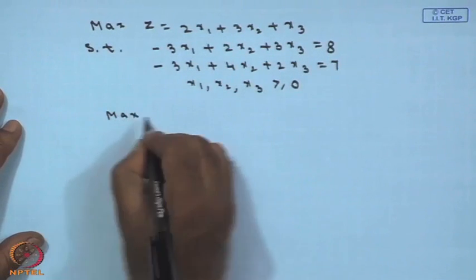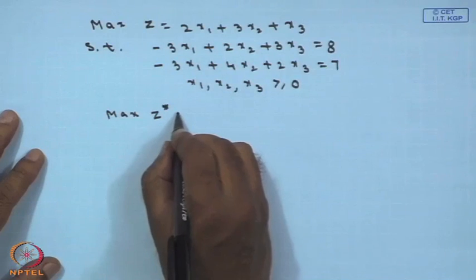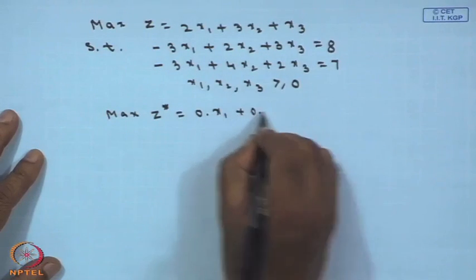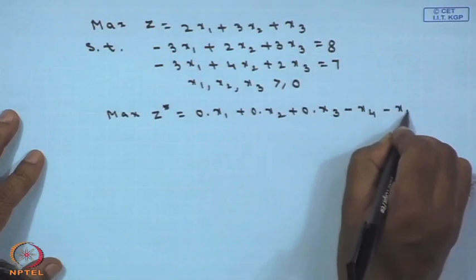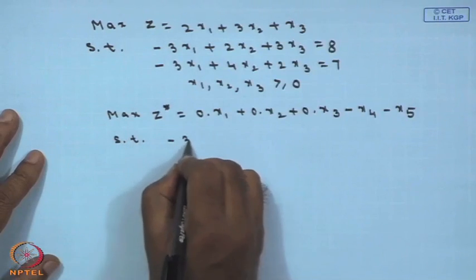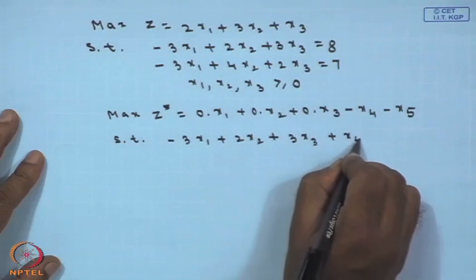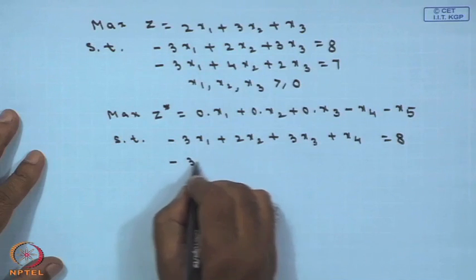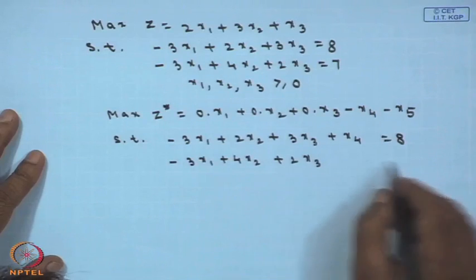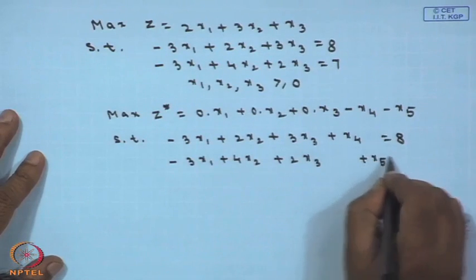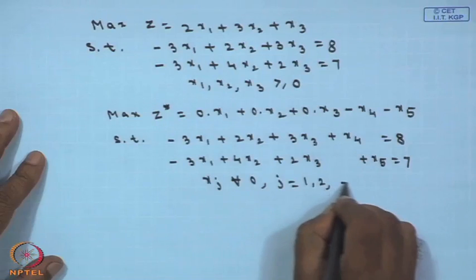So, maximize z star, basically two artificial variables you will use here for both equality constraints. So, the auxiliary function will be 0 into x 1, 0 x 2 plus 0 into x 3 minus x 4 minus x 5, subject to minus thrice x 1 plus twice x 2 plus thrice x 3 plus x 4, one artificial variable, and the next one is minus thrice x 1 plus 4 x 2 plus twice x 3 plus x 5 equals 7, and x j is as usual greater than equals 0, j equals 1 to 5.